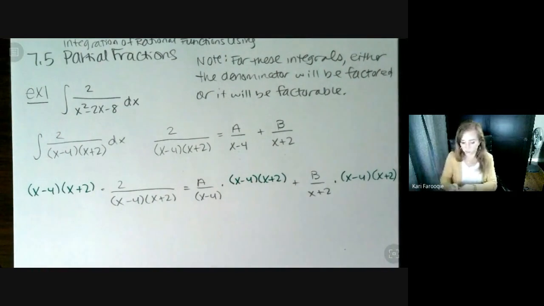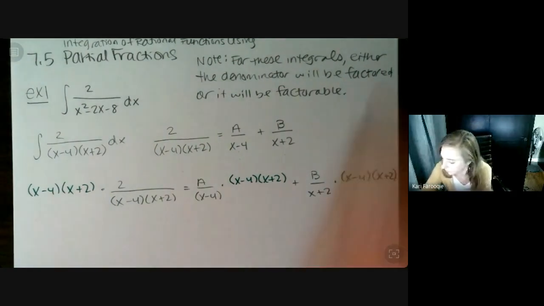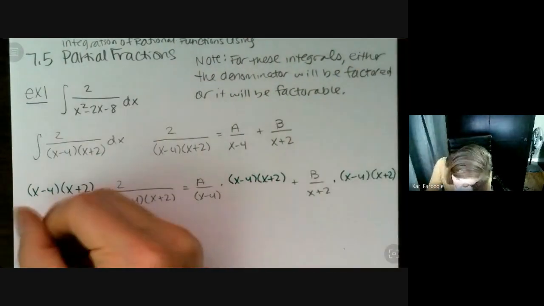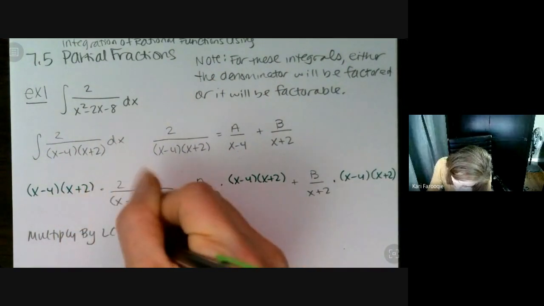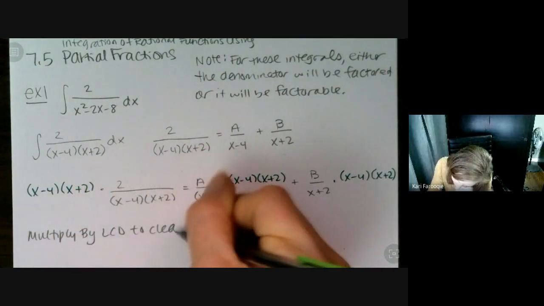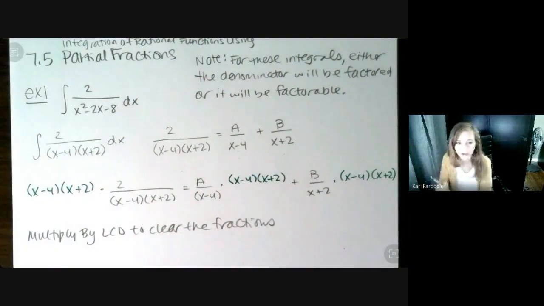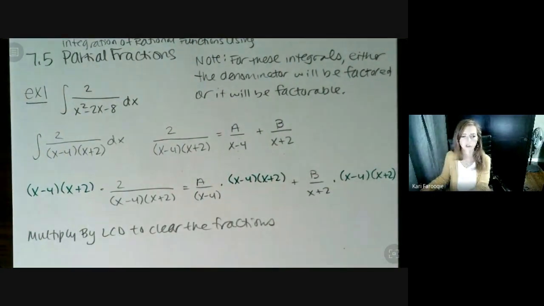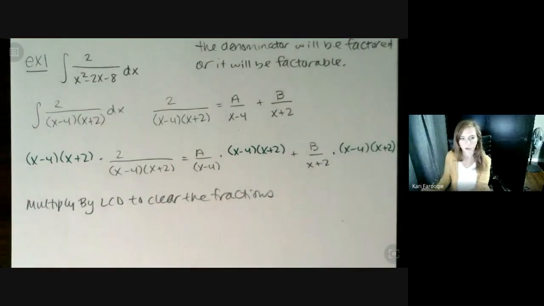You should have done a lot of this in algebra way back in the day. Your goal is to clear the fractions. Multiply by the LCD to clear the fractions. You're going to get very good at this. Students always do really well with these partial fractions problems, especially the basic ones like this.